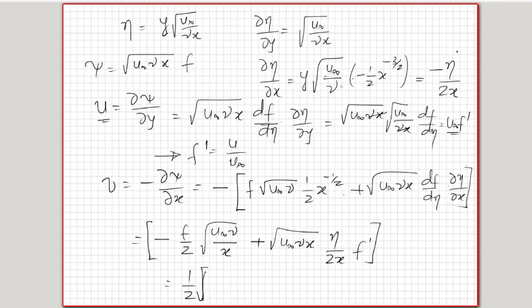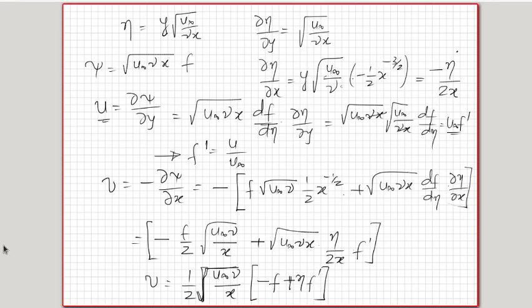So I'll just write that u infinity into nu by x in the square root multiplied by minus f plus eta f prime. Is that correct? So this is your V. V is equal to half square root of u infinity nu by x multiplied by minus f plus eta f prime. So this is your V. So u is simply u infinity times f prime, and V is this complex function.